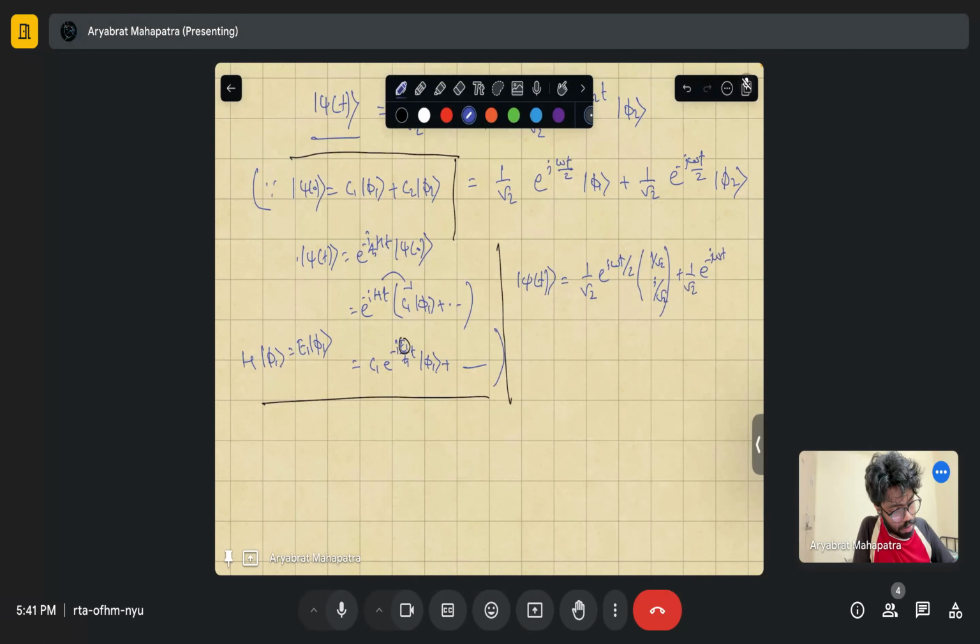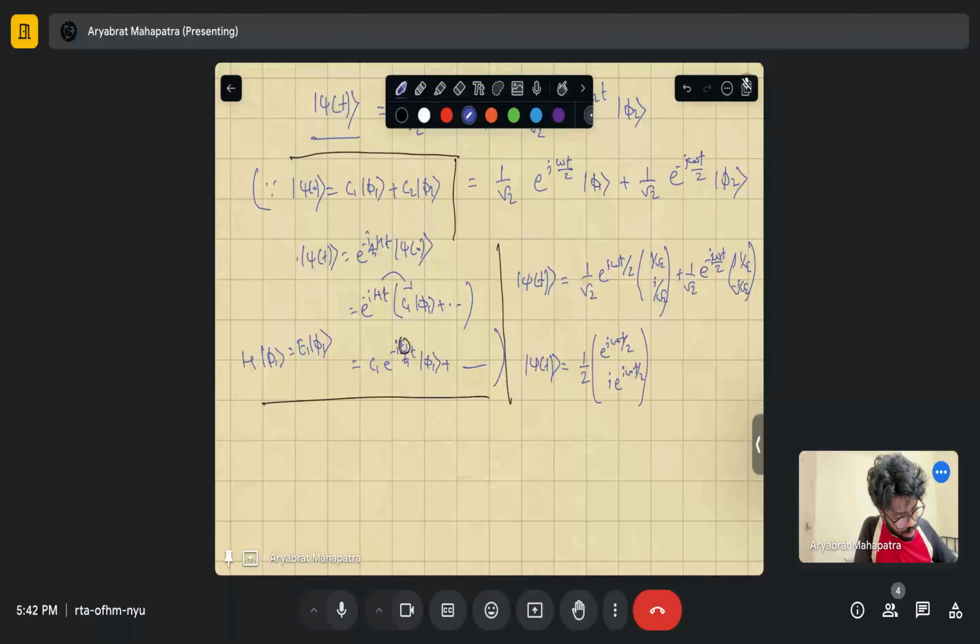And phi 2 is 1 by root 2, minus i by root 2. So that means psi t is, with 1 by 2 as your overall factor, e to the power I omega t by 2, and here you have I omega t by 2.